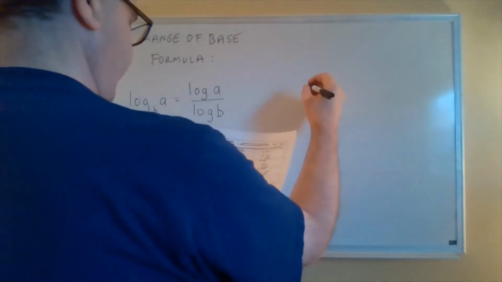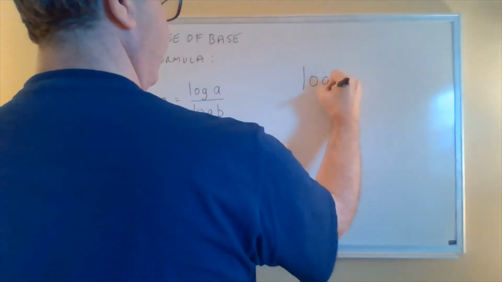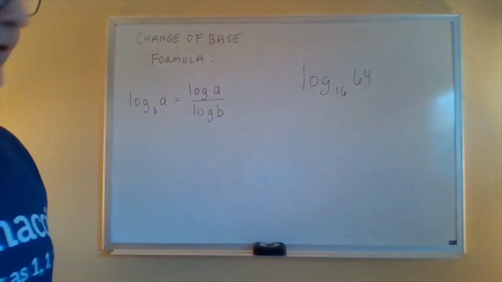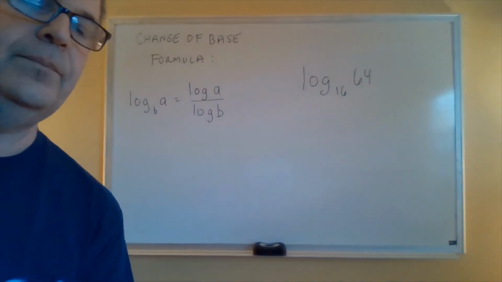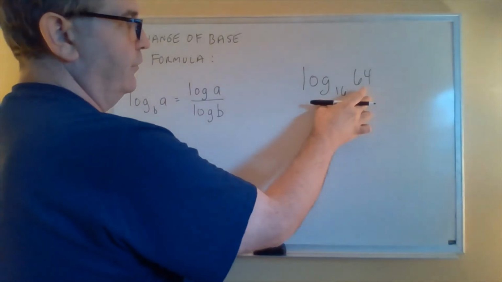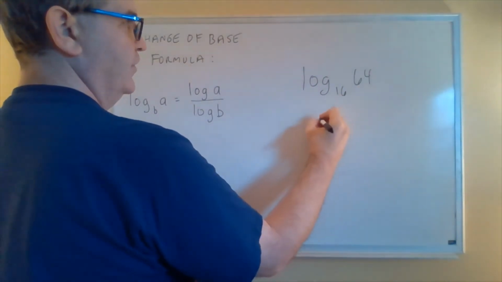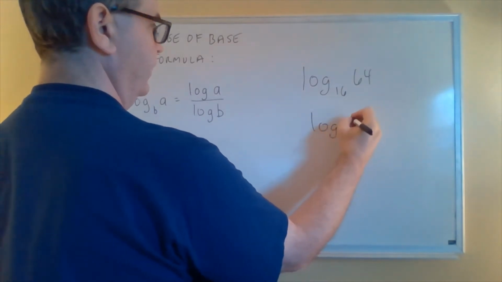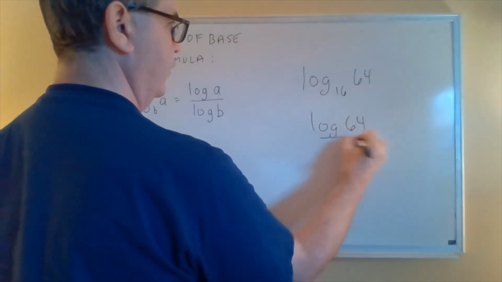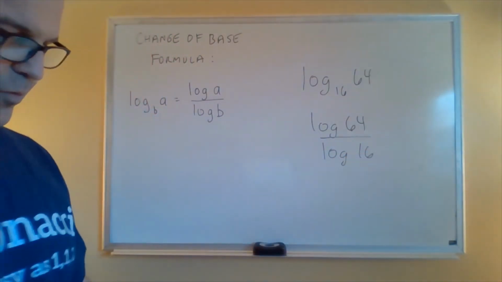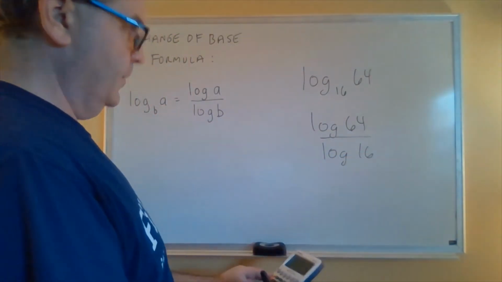The first example is log base 16 of 64. If we were going to use the change of base on this, this would be our a and this would be our b. We're going to change this to the log of 64 over the log of 16. I'm going to punch that into my calculator.